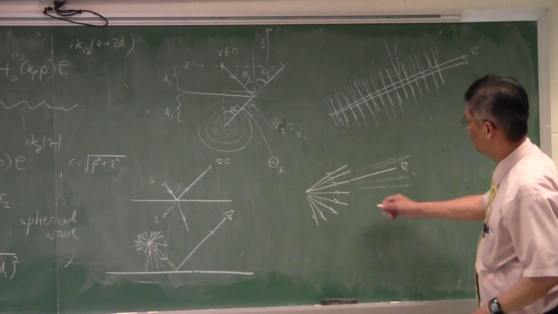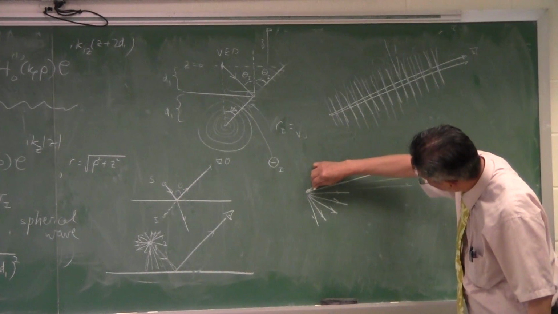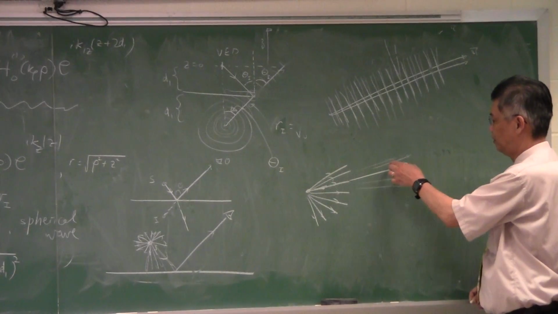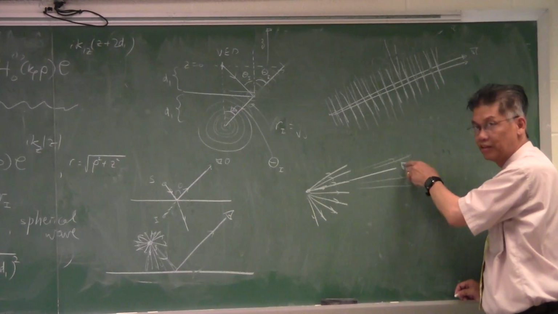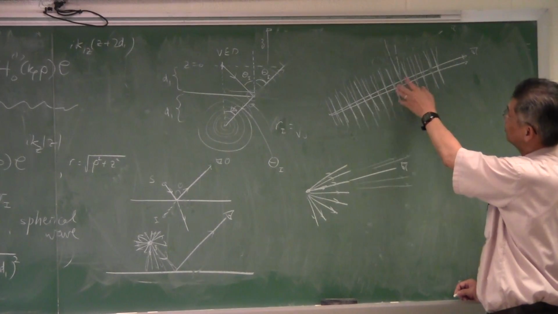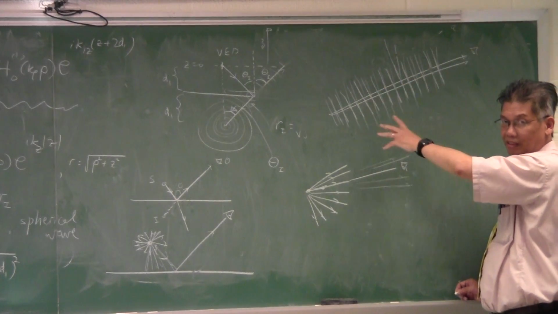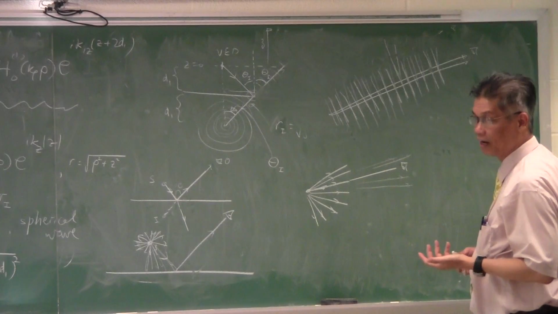So for this reason, if you have a bunch of plane waves propagating to you, only these two plane waves that are very close to each other will constructively interfere here. The other plane waves will destructively interfere at this point due to the loss of phase coherence in other parts of space. So there's actually a very natural beaming effect.